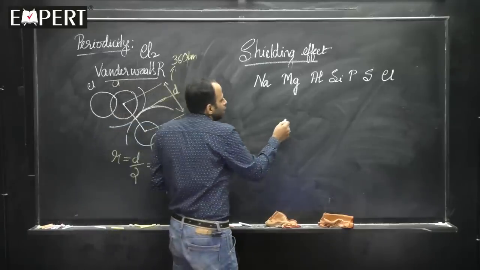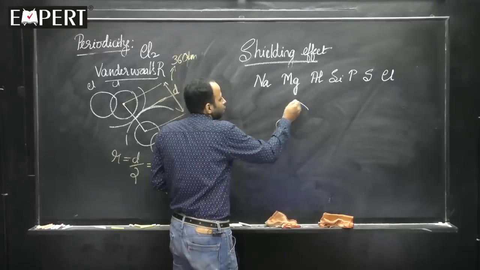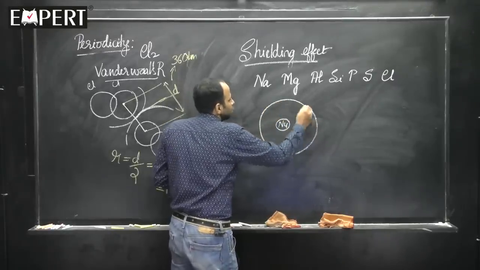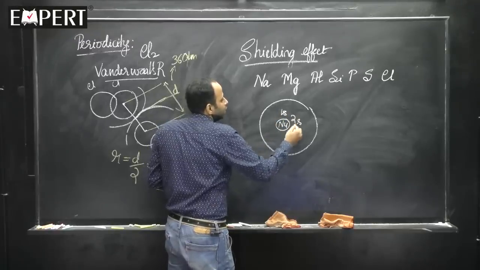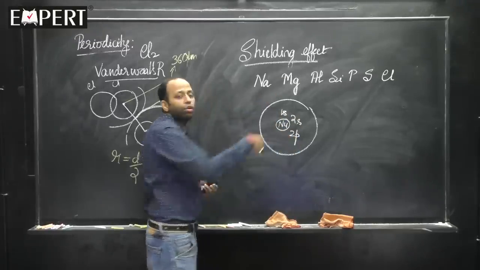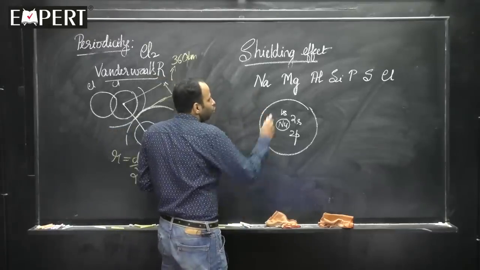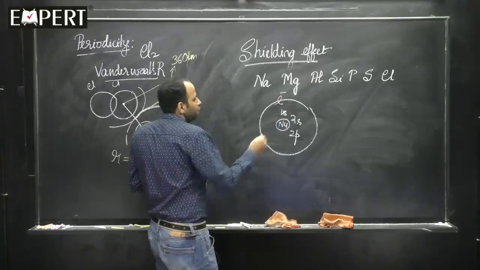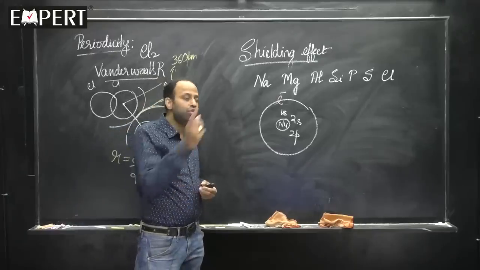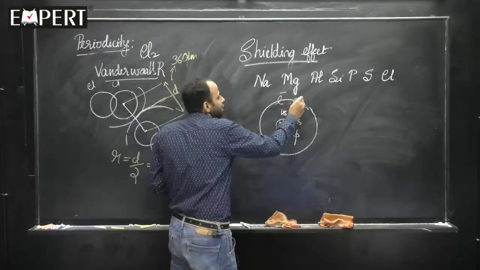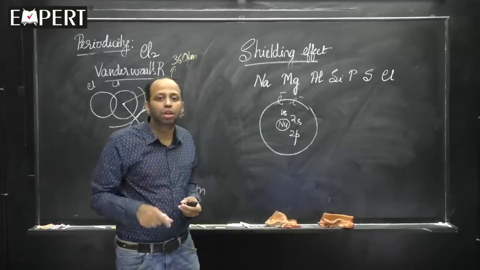So, what will happen? Let me take the nucleus. In between you have 1s, 2s and 2p, that is the same for all of them. What changes? For sodium, you have only 1 electron here, and 1 more electron adds to the nucleus. For magnesium, how many electrons? 2 electrons, added to the same shell in the same region, whereas 1 more proton is added into the nucleus.